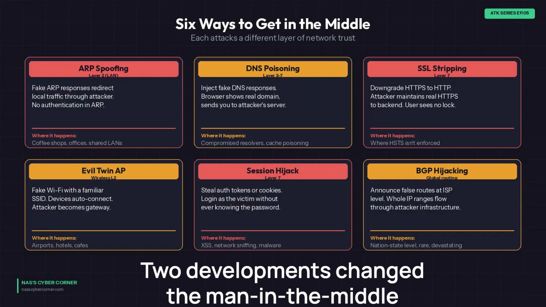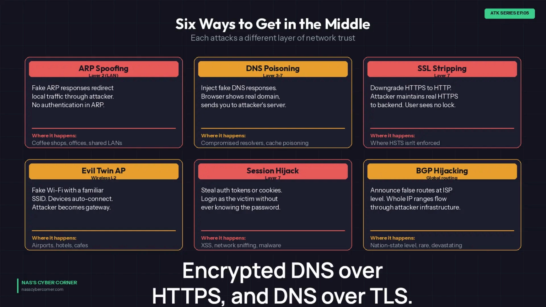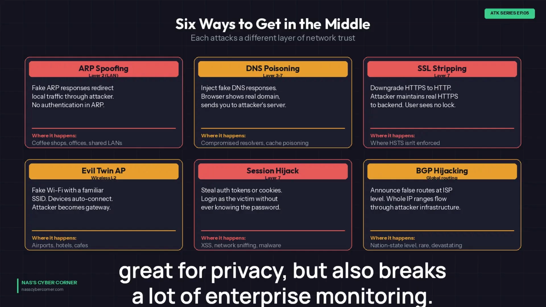2 developments changed the man-in-the-middle landscape in the last few years. Encrypted DNS, DNS over HTTPS and DNS over TLS. These protocols hide DNS lookups from network observers, which is great for privacy, but also breaks a lot of enterprise monitoring.